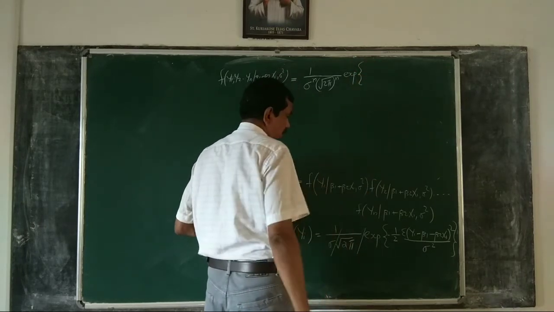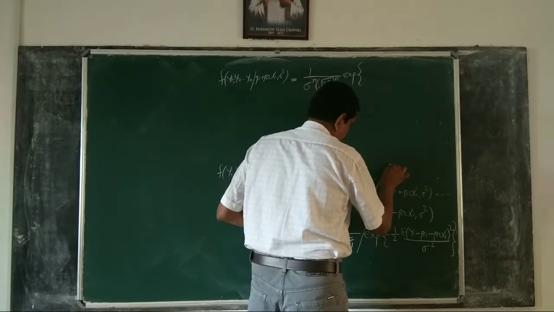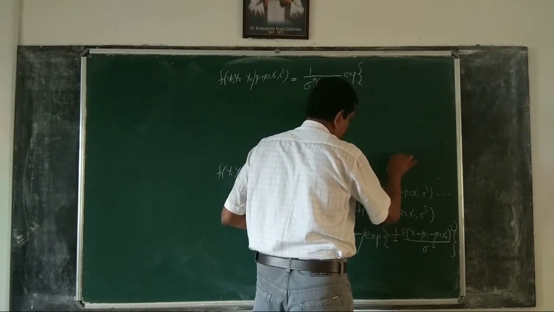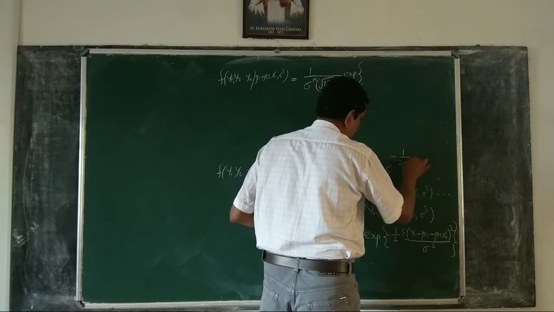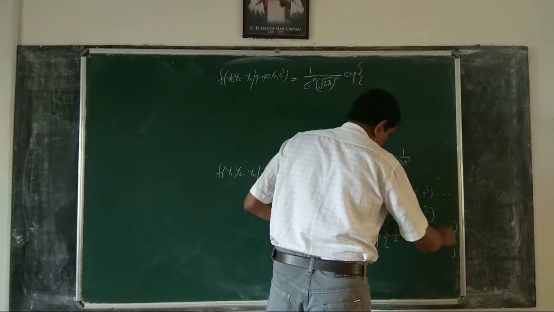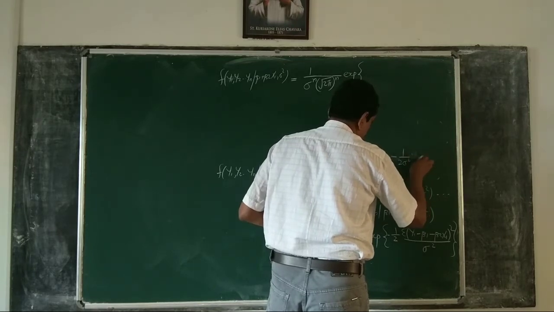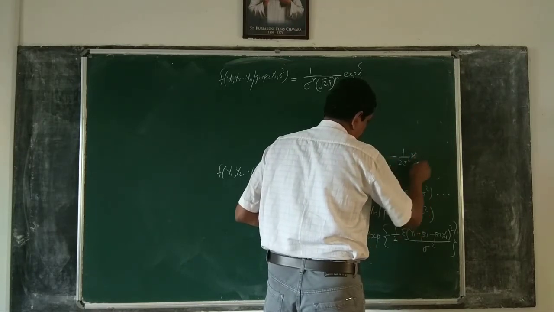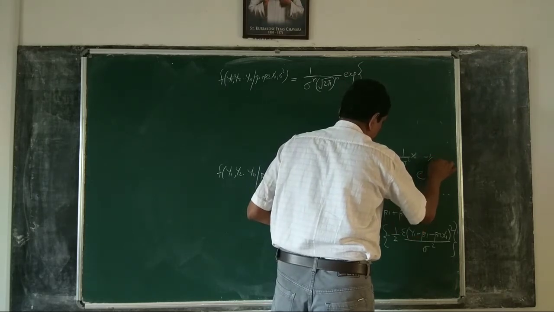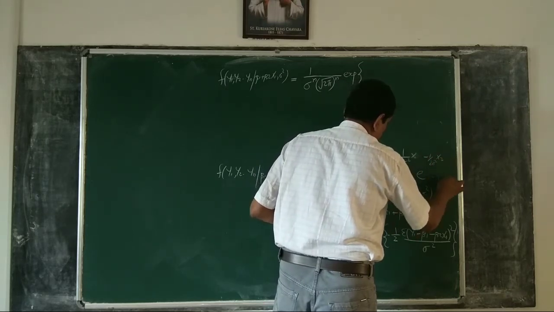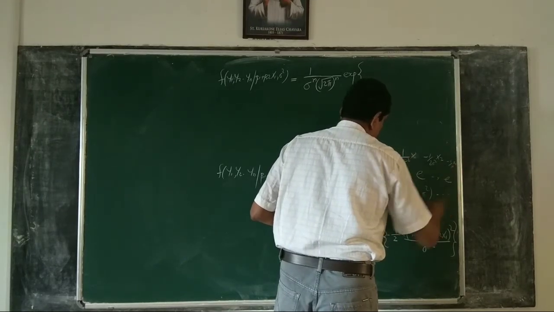Now consider the third term. It is something like this, e raised to minus 1 by 2 sigma square. Then this can be written as, for example, in the form e raised to minus 1 by 2 sigma square x1, then e raised to minus 1 by 2 sigma square x2, etc. e raised to minus 1 by 2 sigma square xn.